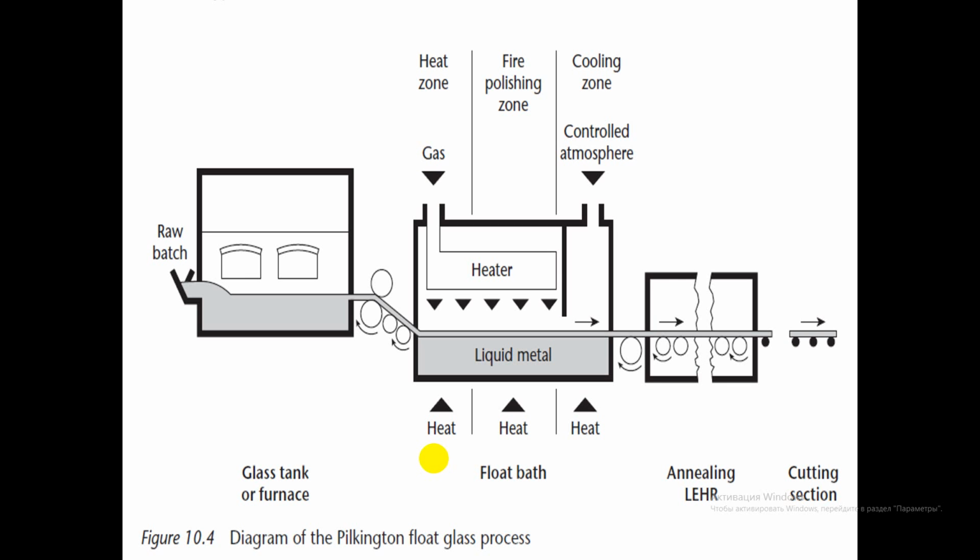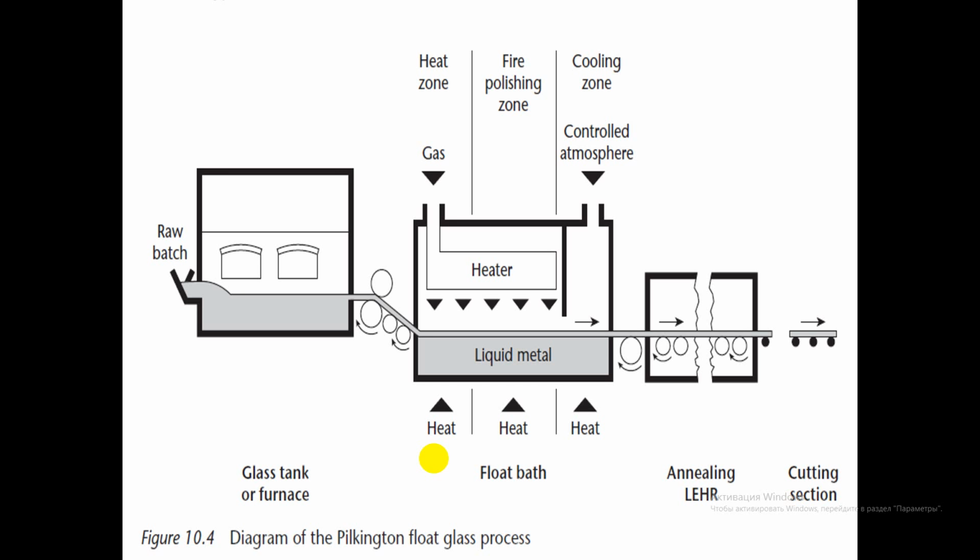This figure shows schematic diagrams of the process. The first part of the process is the same as for plate glass. The ribbon of glass is then drawn across the surface of a bath of molten tin.